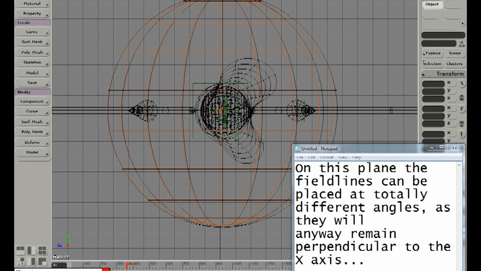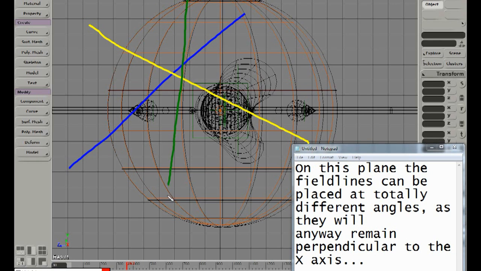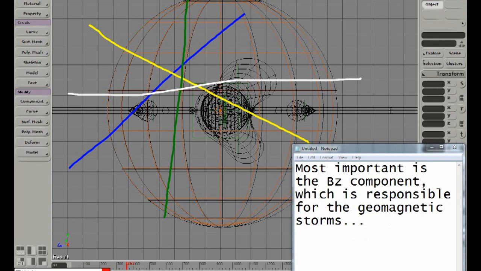On this plane, the field lines can be placed at totally different angles, as they will anyway remain perpendicular to the X-axis. Most important is the Bz component, which is responsible for the geomagnetic storms.